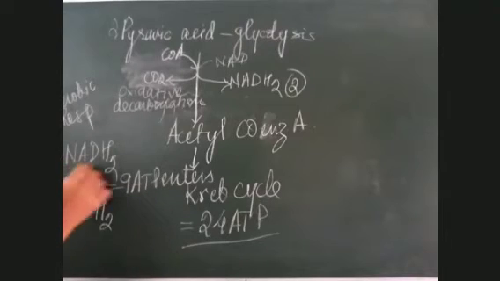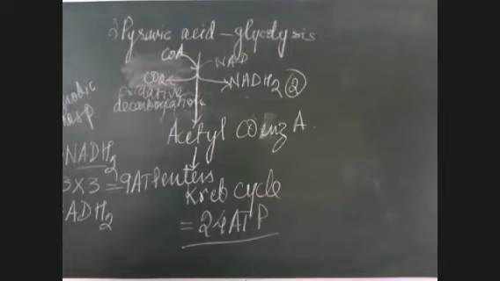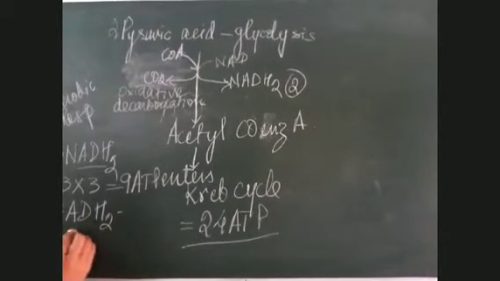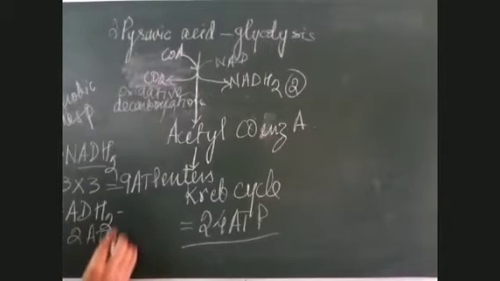The full form is the same except that this is flavin, and the rest is the same as NADH2. 1 FADH2 on breakdown forms 2 ATPs.